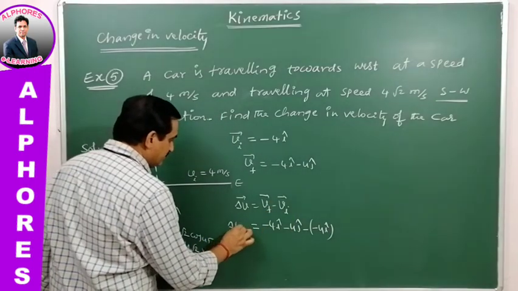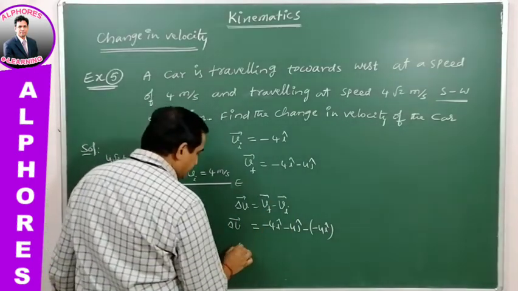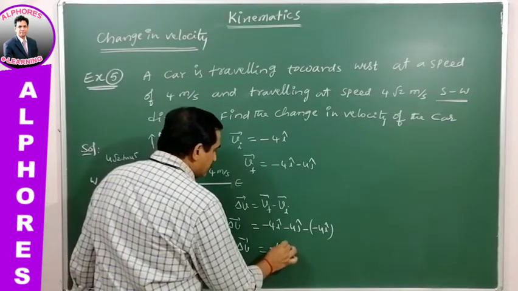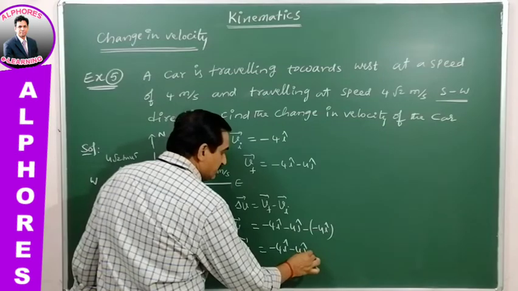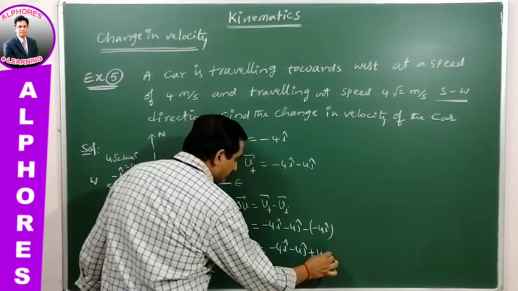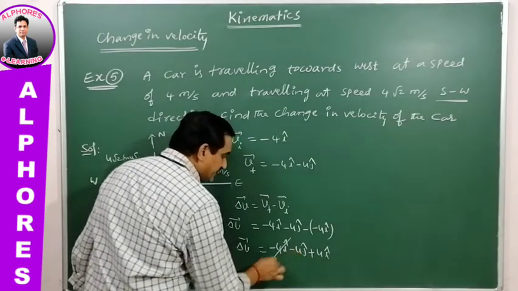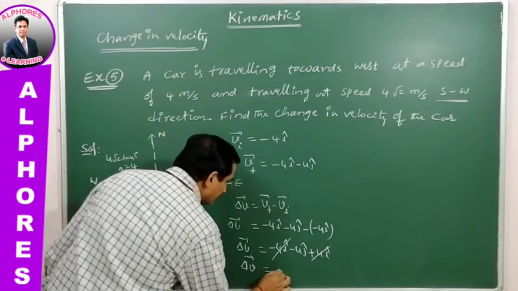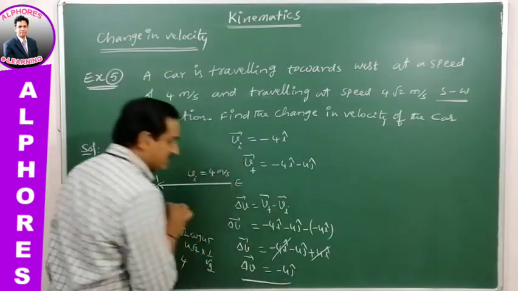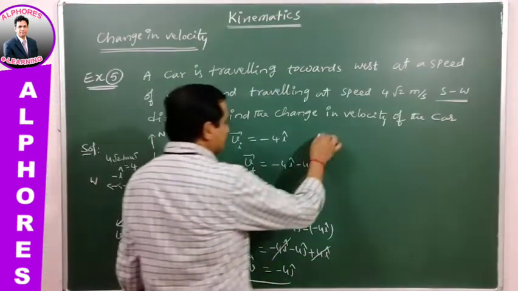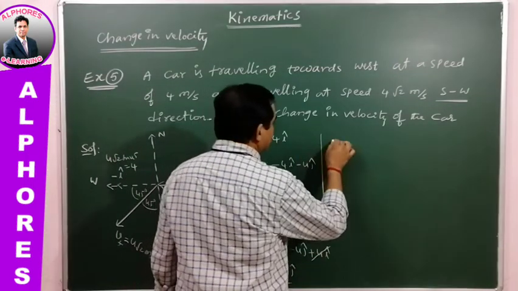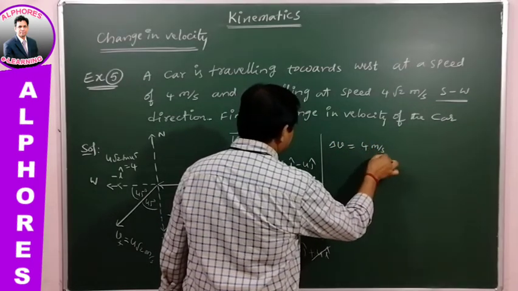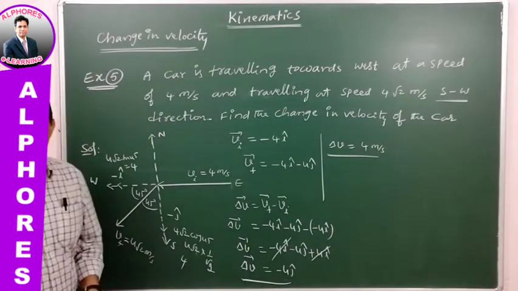So this is change in velocity, which is equal to minus 4I minus 4j plus 4I. So these two get cancelled. Then change in velocity is equal to minus 4j. Its magnitude delta V is equal to 4 meter per second. Simple.